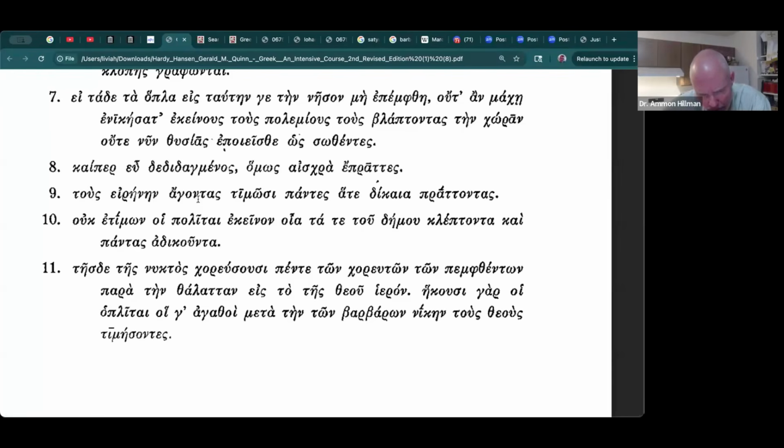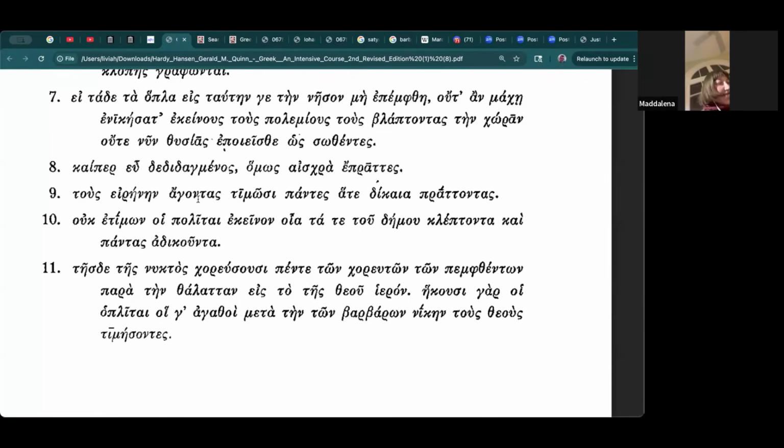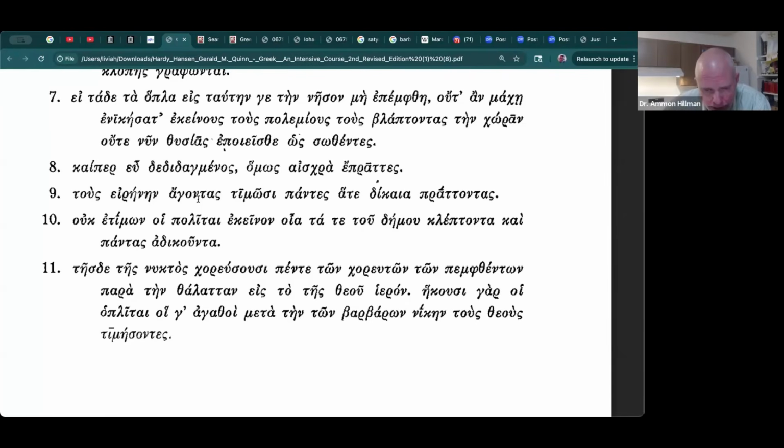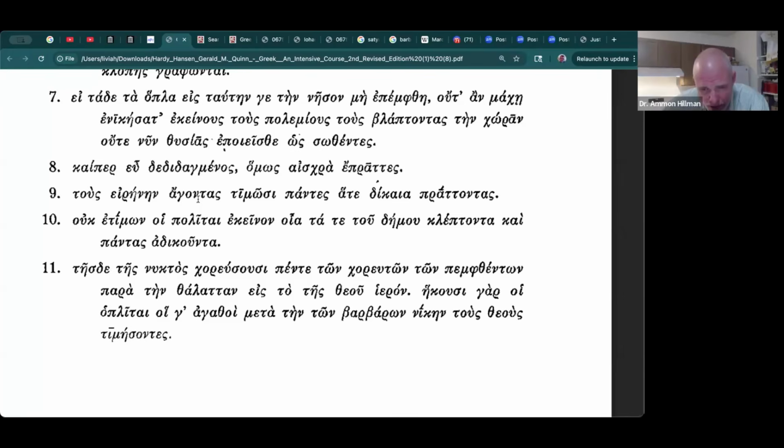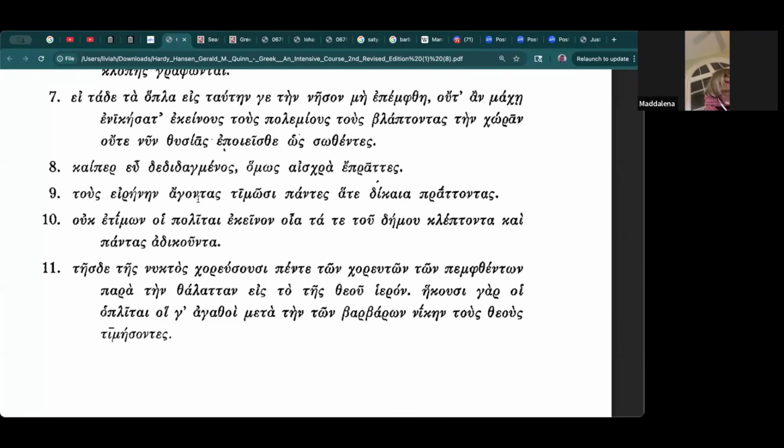Yes, participle. And it is an accusative, ontas. So it's got to be the object of some verb, and we don't have it. So go back to your main verb, right?